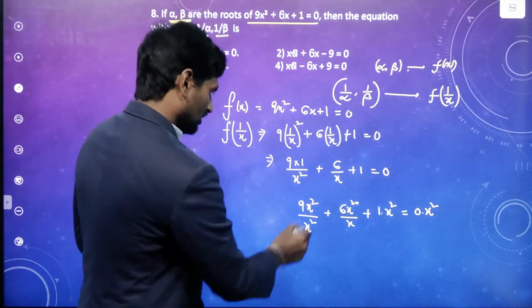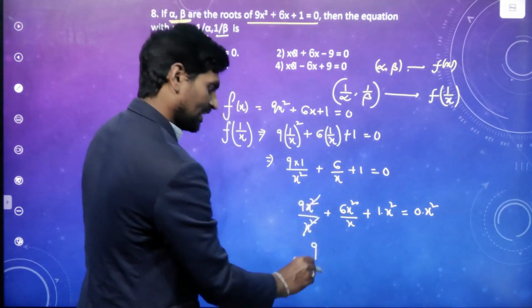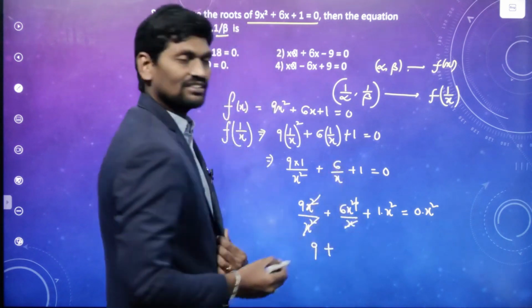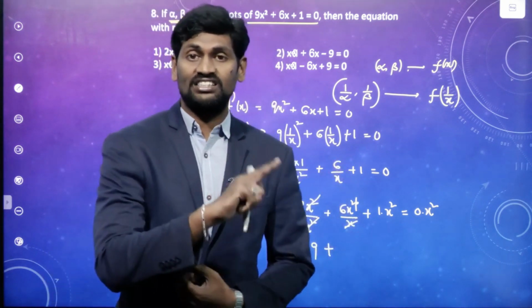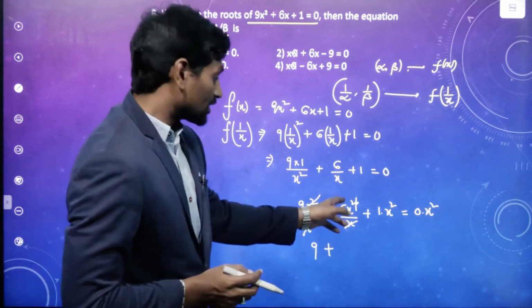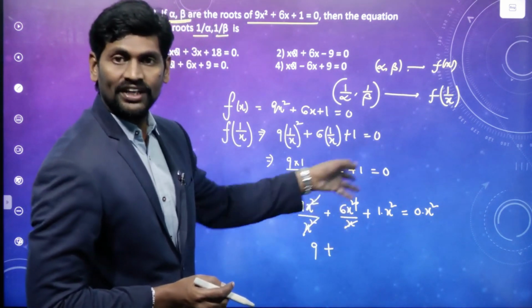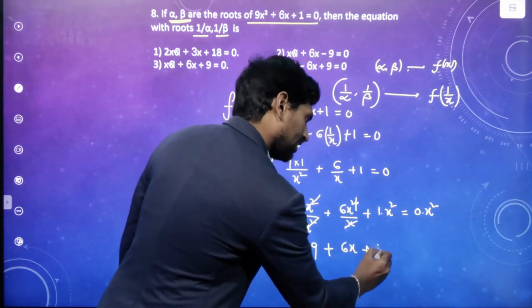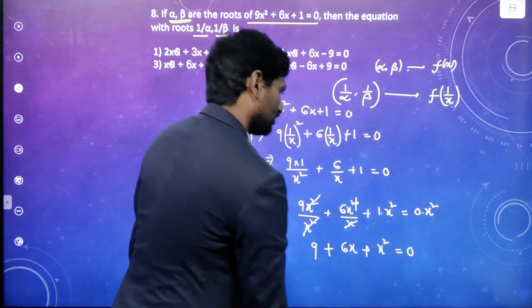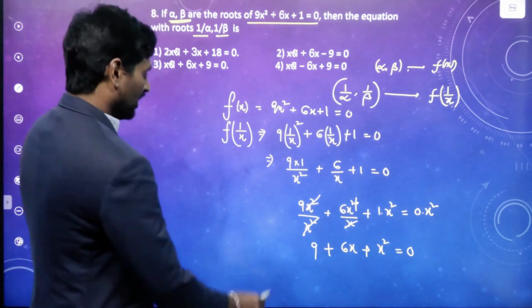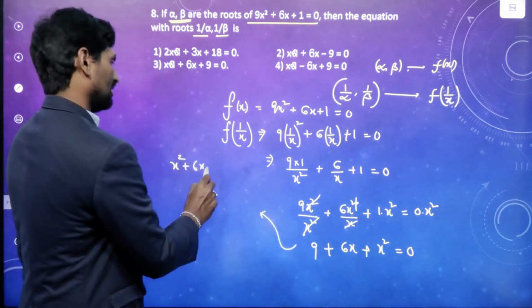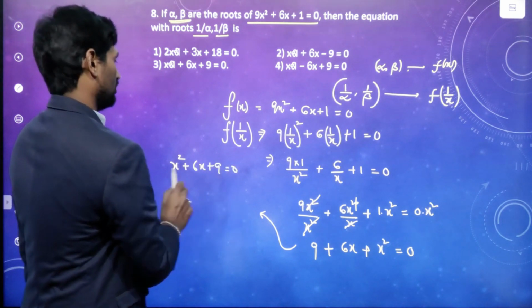Okay? x square cancel here, 9. x square is nothing but x into x, so 1x we can cancel. One more x will remain, 6x. 1 into x square means x square equal to 0. Done. Write in order: x square plus 6x plus 9 equals to 0.